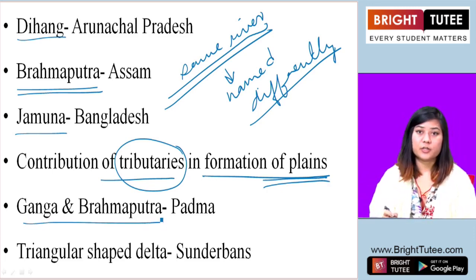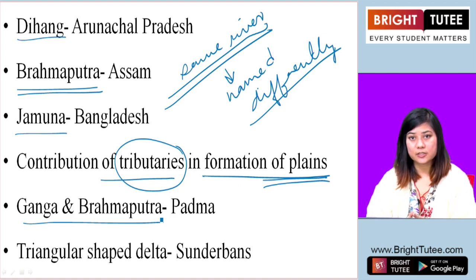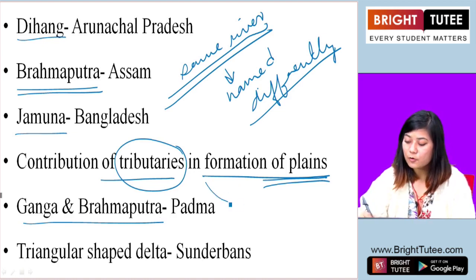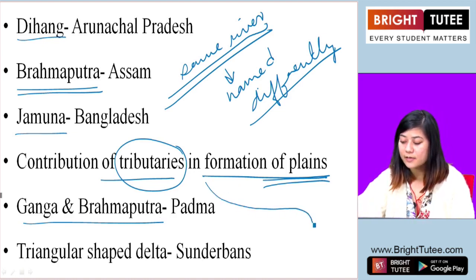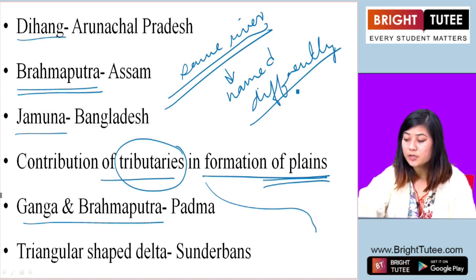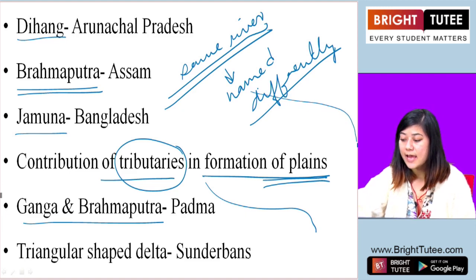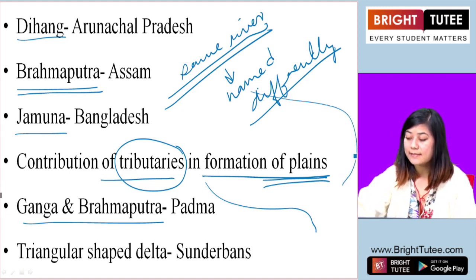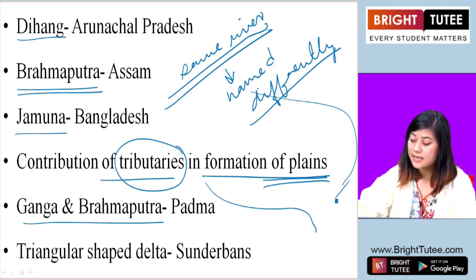Ganga and Brahmaputra, they meet in Bangladesh. So Ganga flows from North India and then crosses West Bengal and enters Bangladesh. Brahmaputra flows through Tibet and then Arunachal Pradesh, Assam, and then enters Bangladesh.